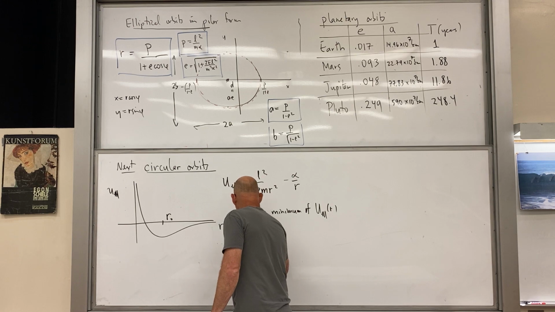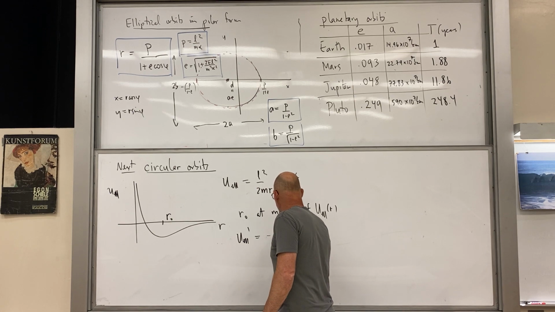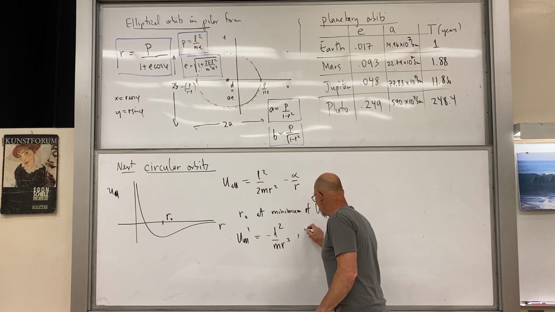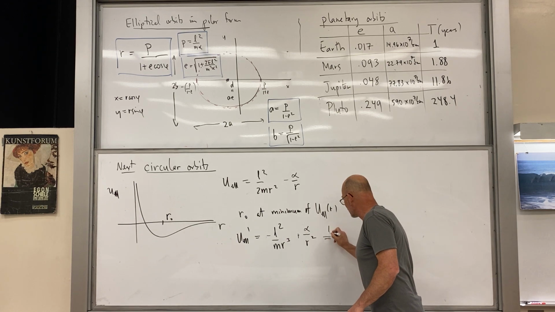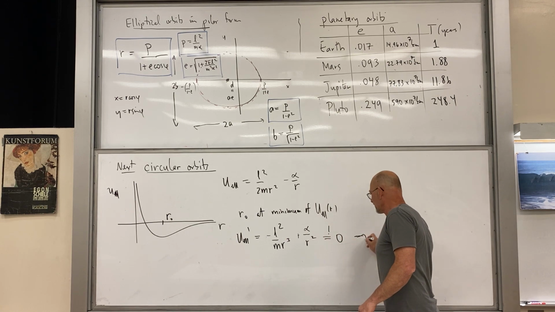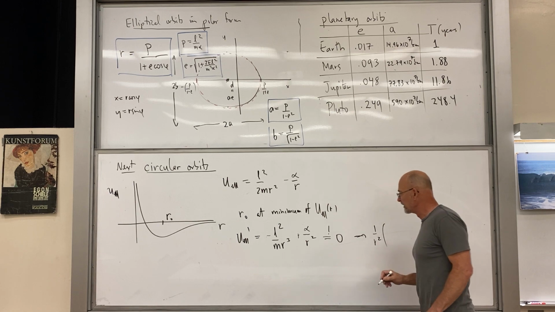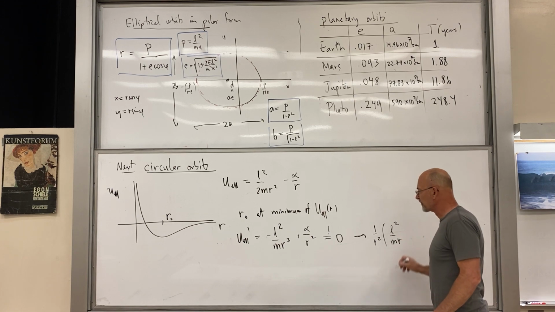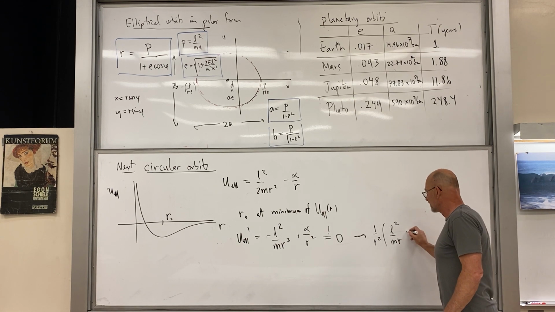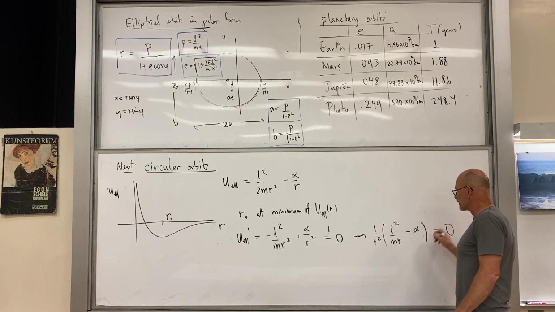So U effective prime equals minus L squared over mr cubed plus alpha over r squared. We set that equal to 0, and we can factor out a 1 over r squared, and then we have L squared over mr minus alpha equals 0.